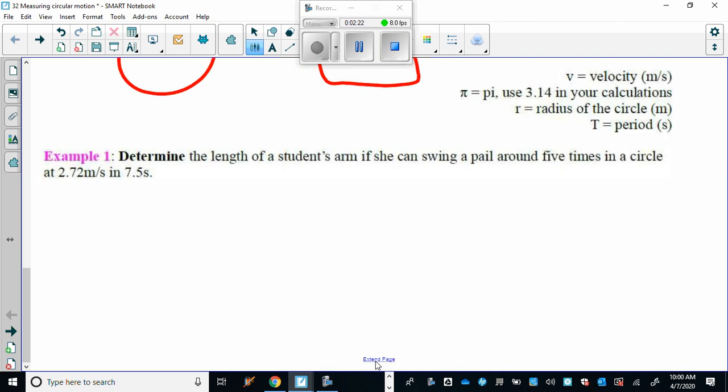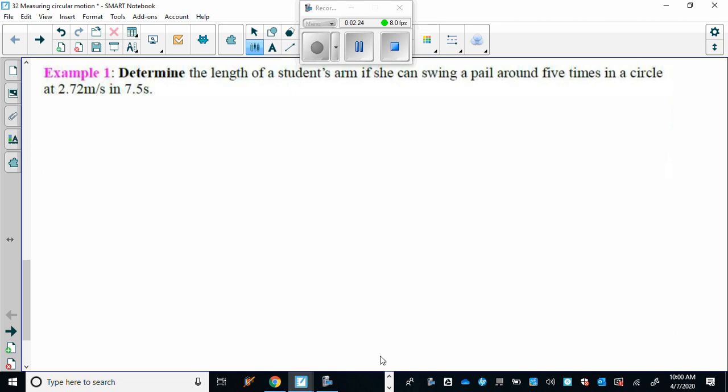An example here: determine the length of a student's arm if she can swing a pail around 5 times in a circle at 2.72 meters per second in 7.5 seconds. So we've just got somebody spinning something in a circle, and we're determining the length of the student's arm.